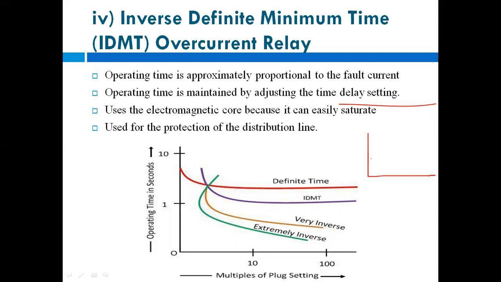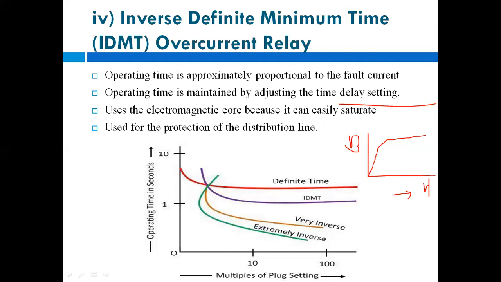Here B and H are there. If you increase the value of current, the flux also increases. But when your core gets saturated, if you increase the value of current, your flux remains constant. That is called saturation.